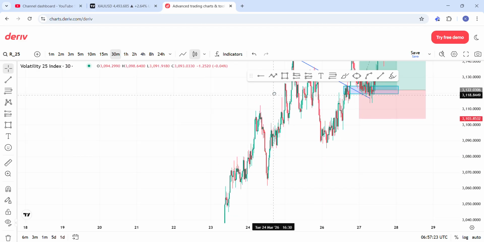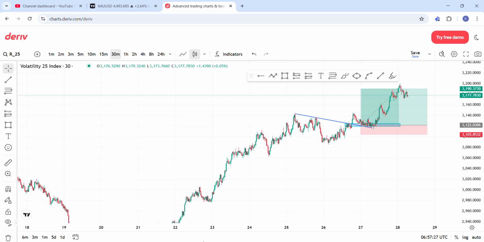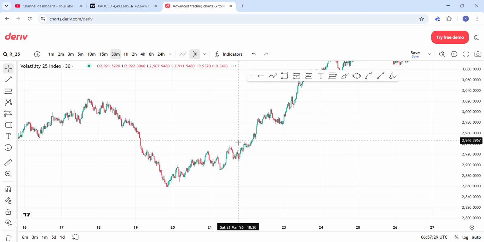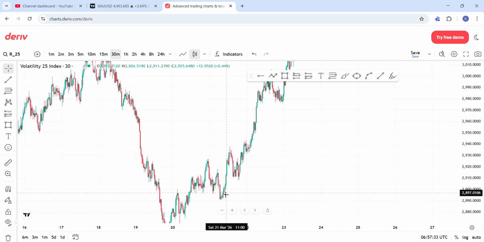It basically works everywhere, just based on your back testing. So just get to the chart and just back test, back test, back test, and you learn more.